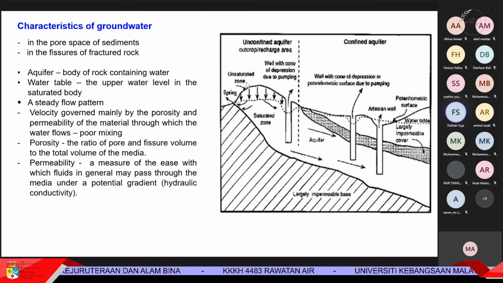Okay. So just now I told you that groundwater is also influenced by human activities which cause pollution at the land surface, because most groundwater originates by recharge of rainwater infiltrating from the surface.